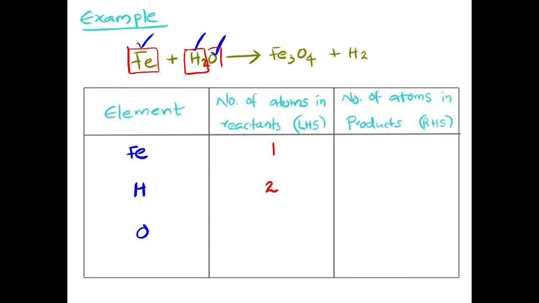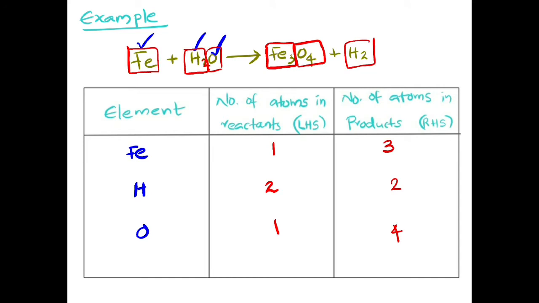And oxygen is 1. And in the product side, when you look, Fe is 3, so we will be writing 3. O is 4. And H is 2.